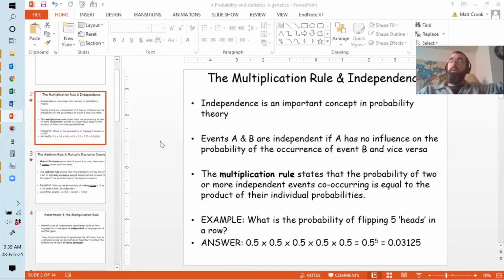The probability of getting a round pea has nothing to do with the probability of getting a green pea, because those phenotypes are independent. Whether you get a round or a wrinkled pea has nothing to do with whether that pea is green or yellow. They're independent. Does that make sense?